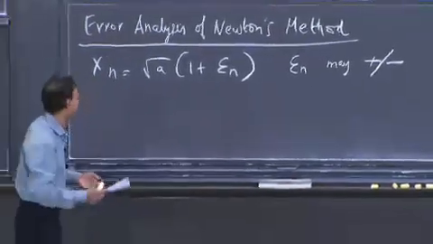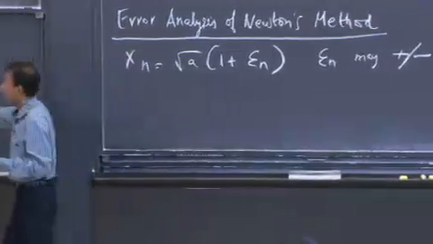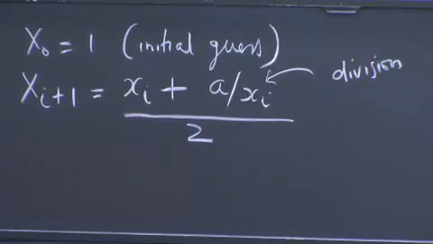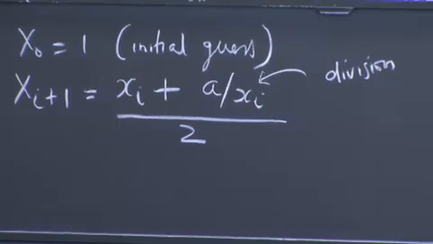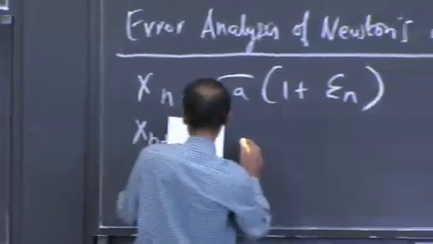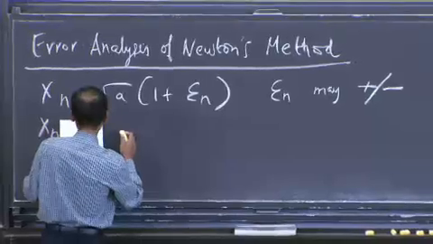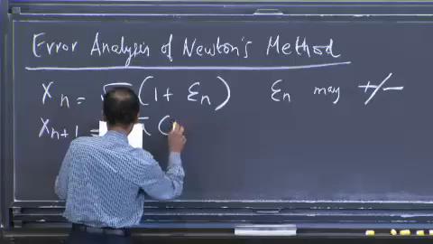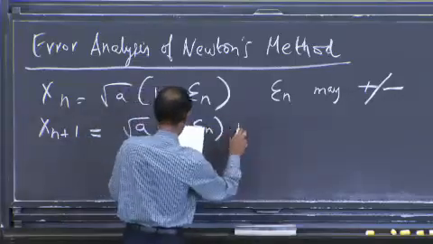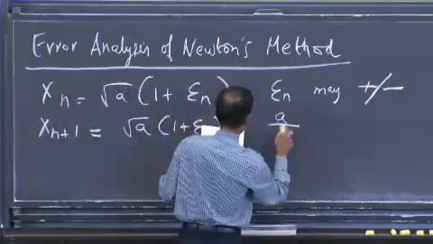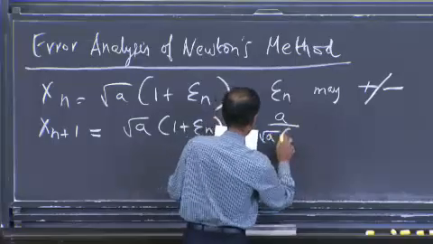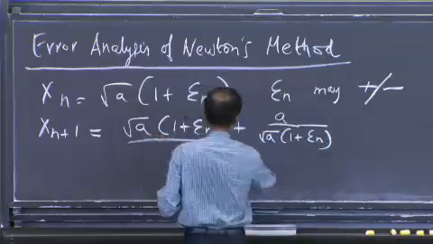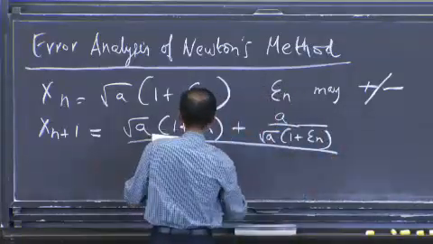That's the question. And so if you take this equation and plug this into that and say, what is x(n+1)? x(n+1) would be square root of a times (1 plus epsilon n) plus a divided by square root of a times (1 plus epsilon n), divided by 2, right?